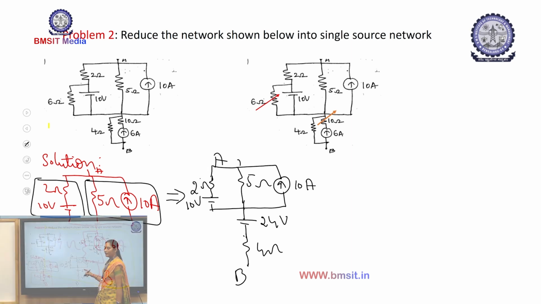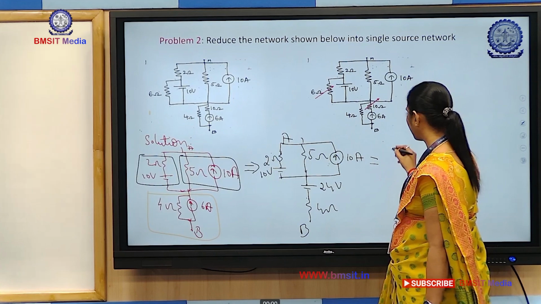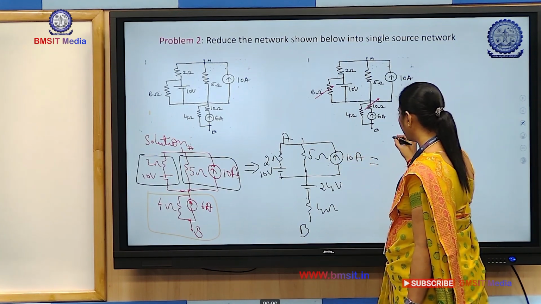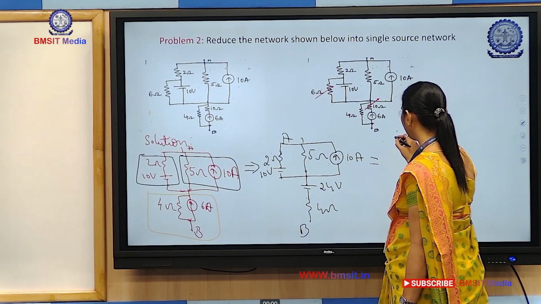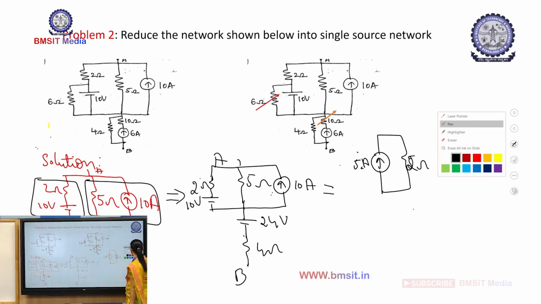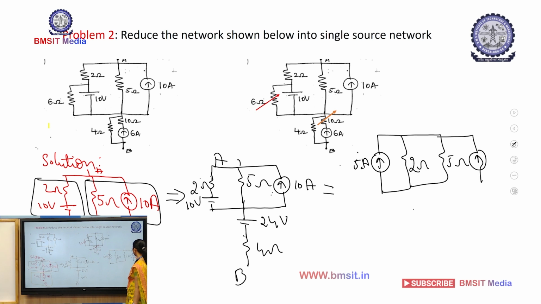This is B. Again I will convert this source into a current source. For the current source, V by R, so you have 5 amps current source, 2 ohms resistor, then you have 5 ohms resistor, then you have 10 amps current source.